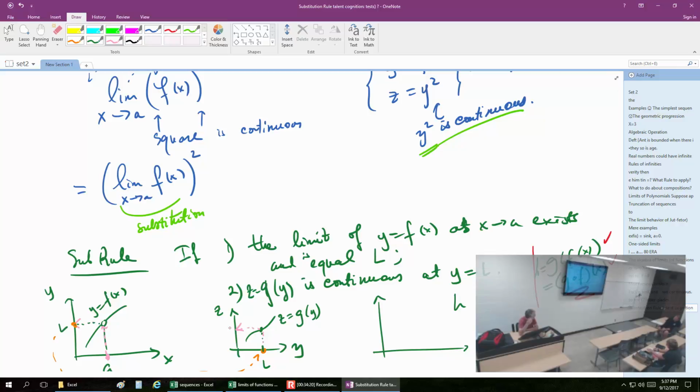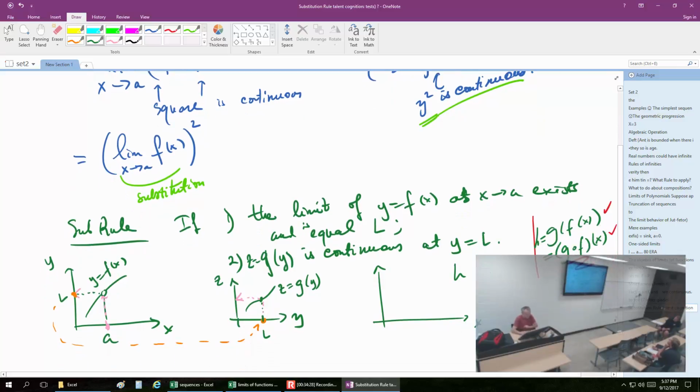And the intermediate value is dropped. The initial value is x, as you can see. So if you just follow those arrows that I have, you start on the x-axis and you end up on the z-axis. So h is on the x-axis and might look like this. This is a, and this is whatever that is. Okay, so the conclusion is, however, that the limit does exist.